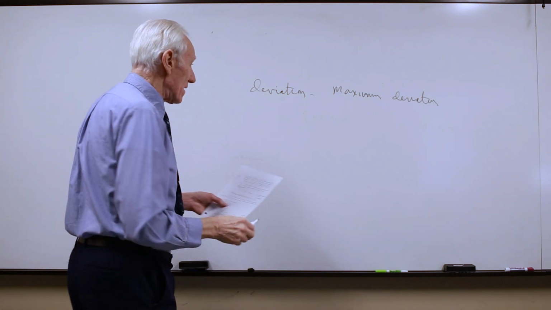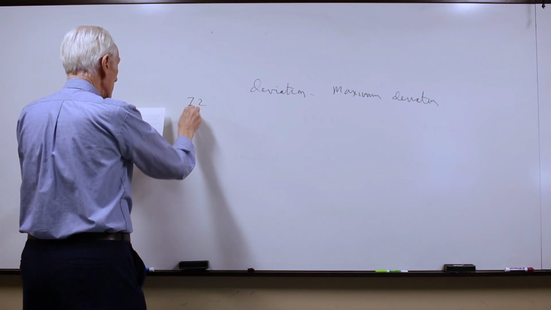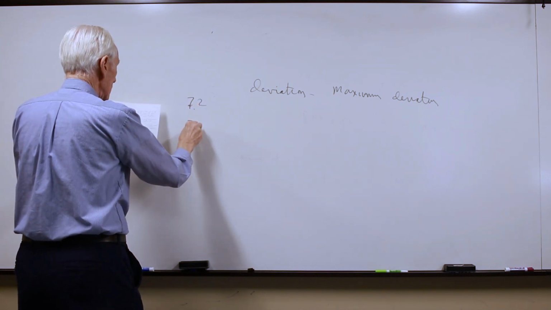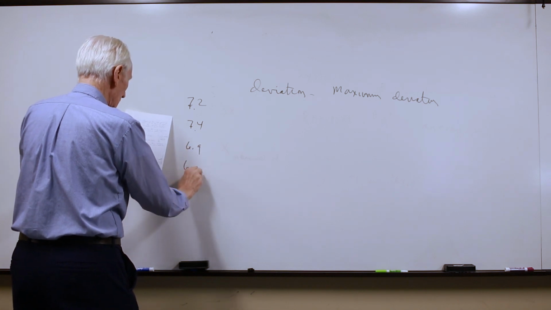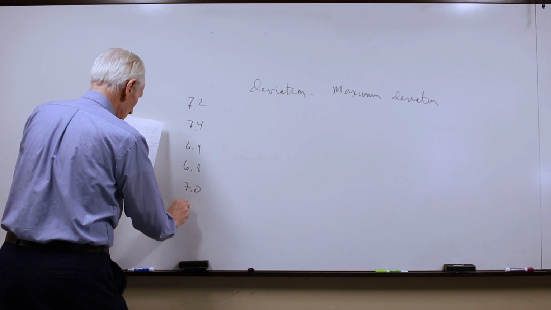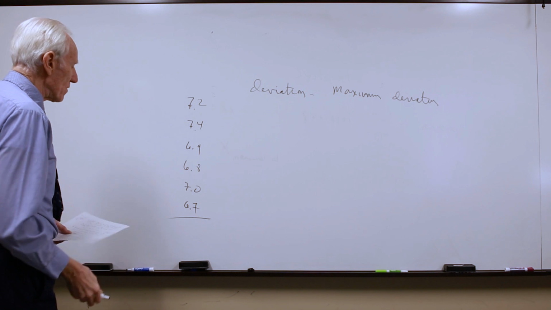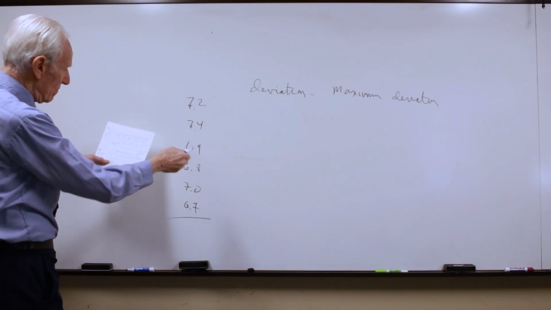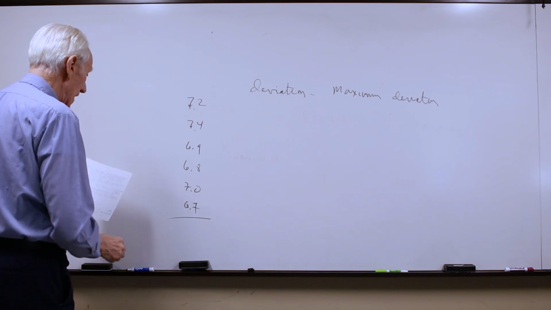I'm going to write down 6 things, fixed measurements that I've made up here. 7.2, 7.4, 6.9, 6.8, 7.0, and 6.7. Okay, so I make these 6 measurements to 2 significant figures, and I want to add those all up and average them.